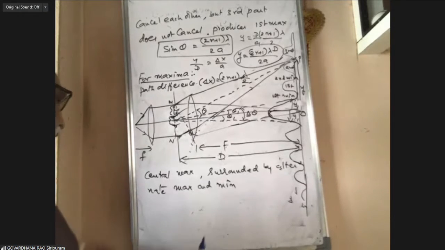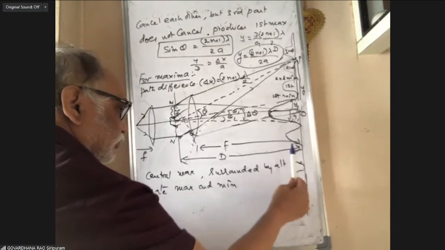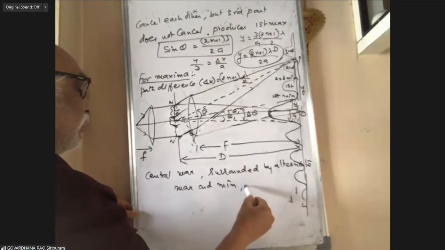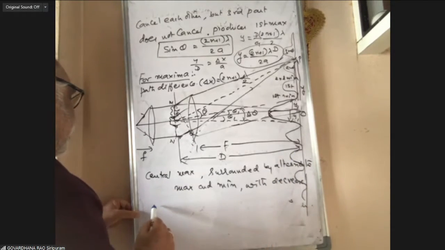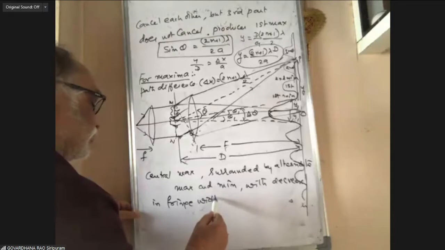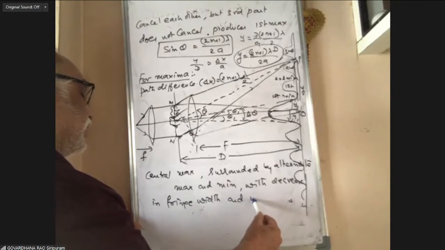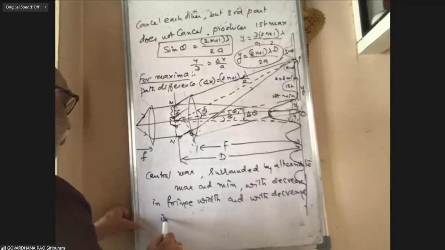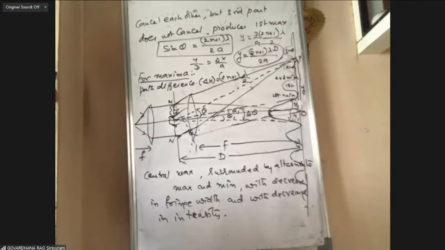Central maxima surrounded by alternate maxima and minima, with a decrease in fringe width, and with a decrease in intensity. Decrease in intensity.